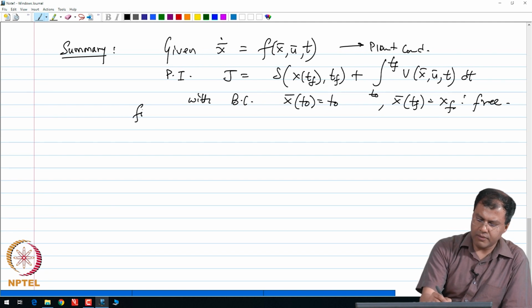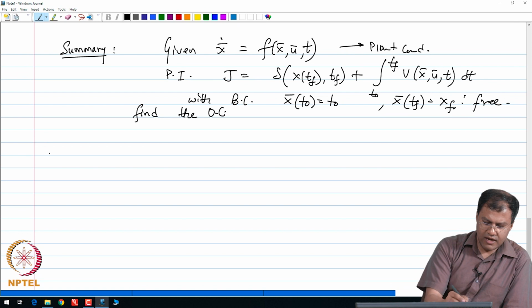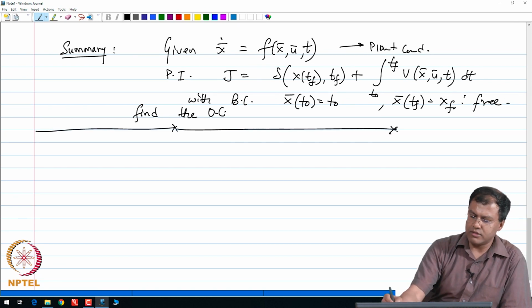Find, well, the statement is the same, find the optimal control, right.